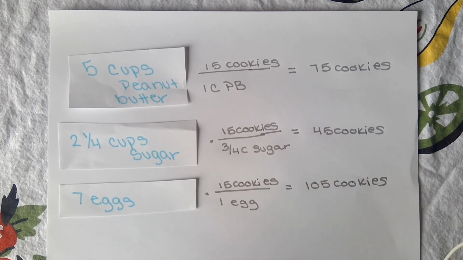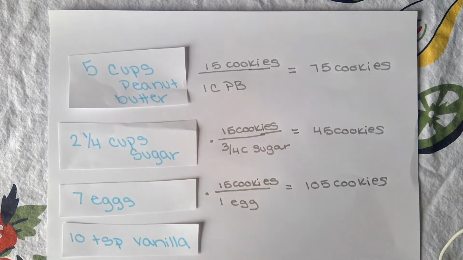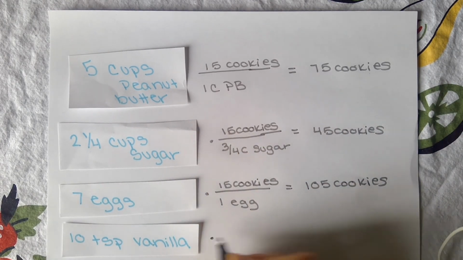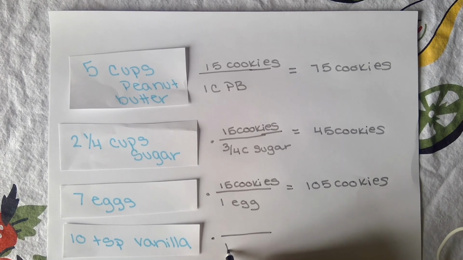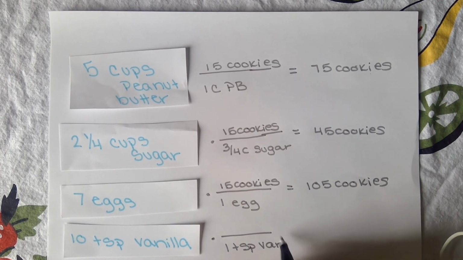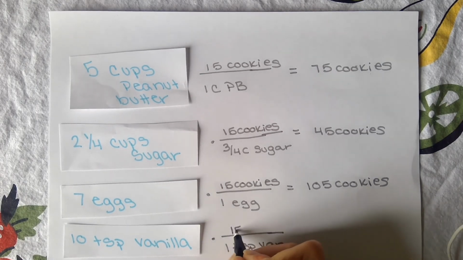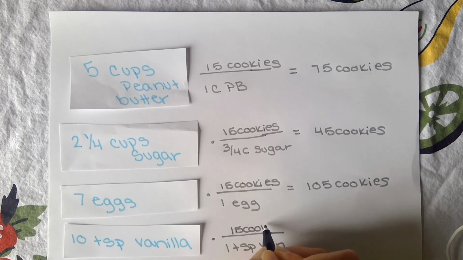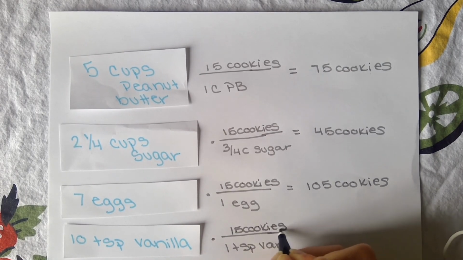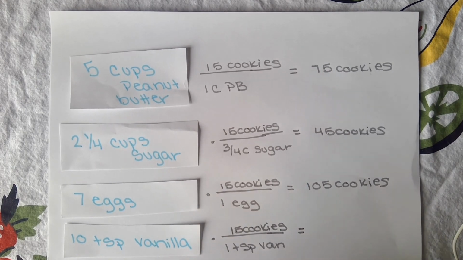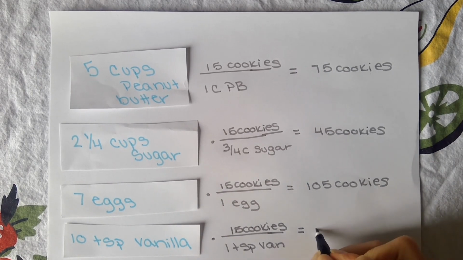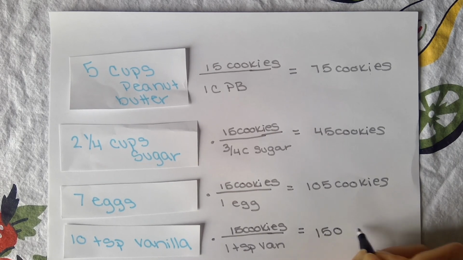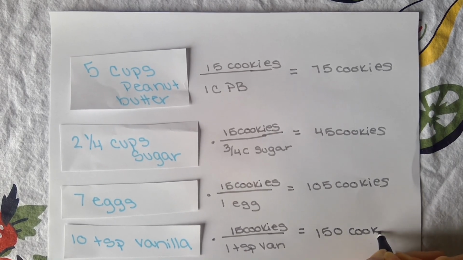And last but not least, I have my teaspoons of vanilla. According to my recipe, 1 teaspoon of vanilla, VAN for vanilla, will produce 15 cookies. So that means that with my 10 teaspoons, I should be able to make 150 cookies.